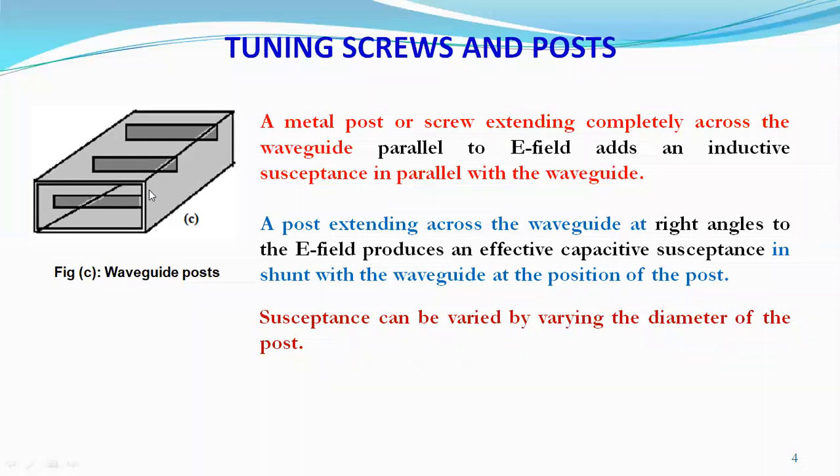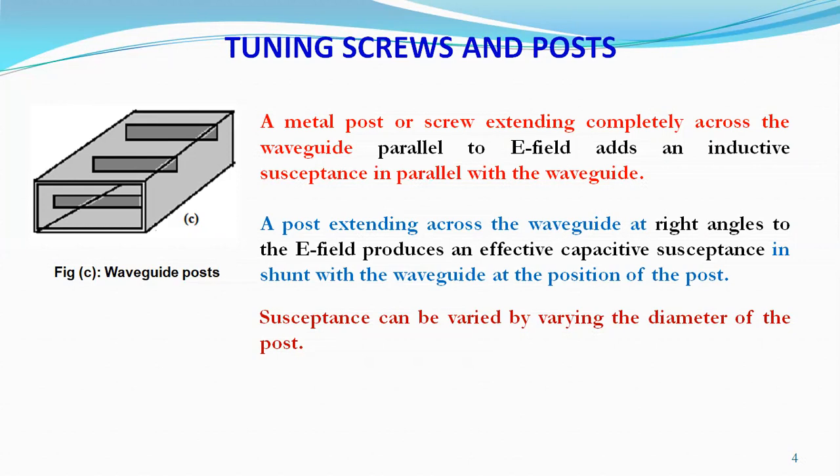We will see that in waveguide windows also. Okay. So a post is a fixed one that we insert in the waveguide to create the susceptance, that means maybe inductive susceptance or capacitive susceptance. For inductive susceptance, the plate is parallel to the electric field line.